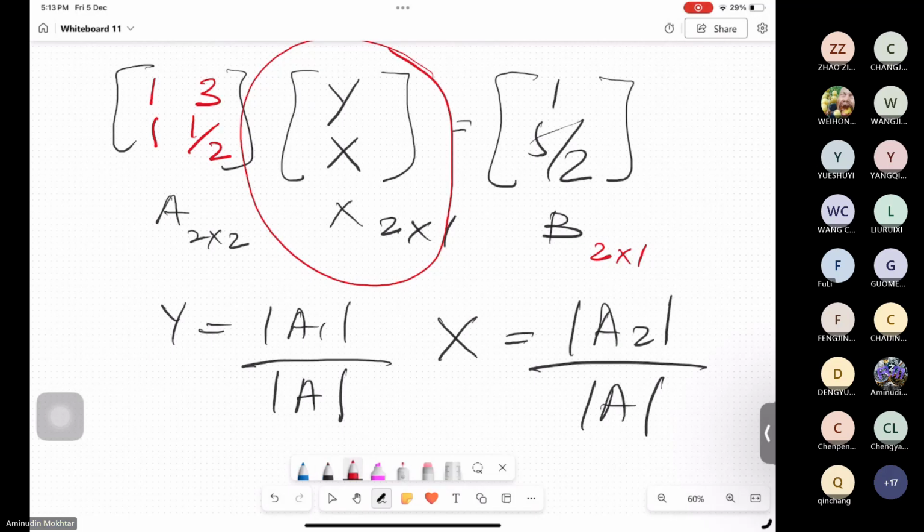These three determinants are very important because they will help you find the answer.